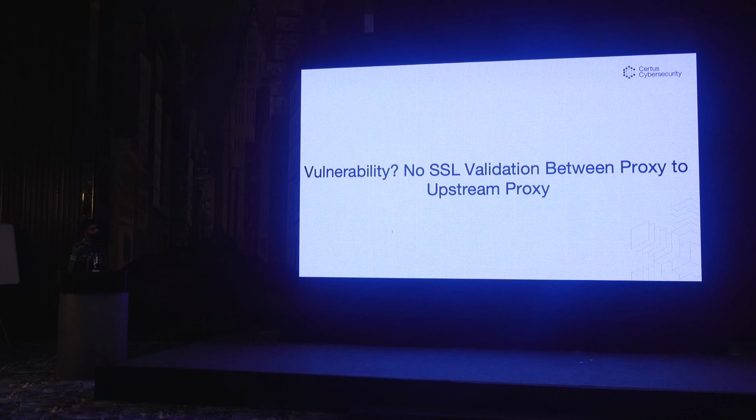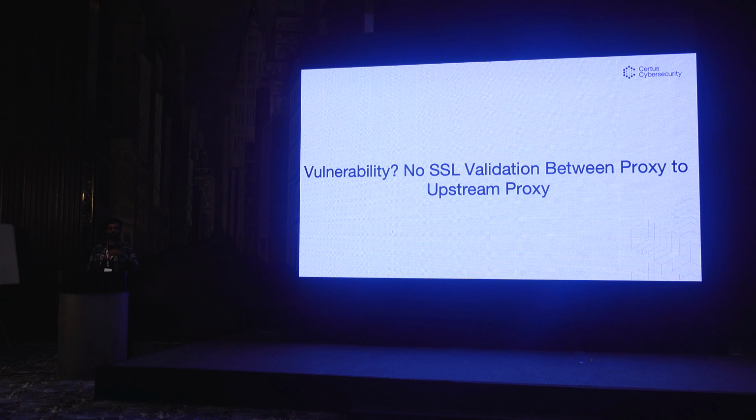So where does the vulnerability come in? There is no SSL validation between the proxy and the upstream proxy. As I mentioned, there is no validation, so it will send all the traffic in clear text. Now say I'm an attacker sitting on a network, and a pen tester is using Burp Suite.